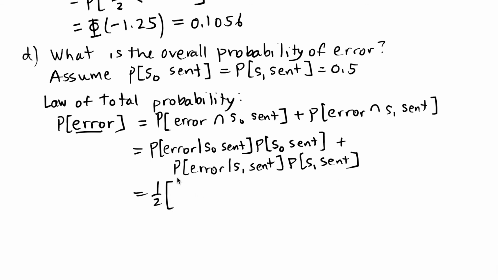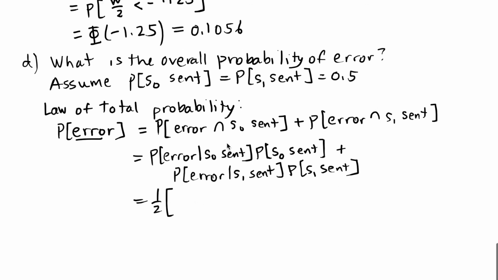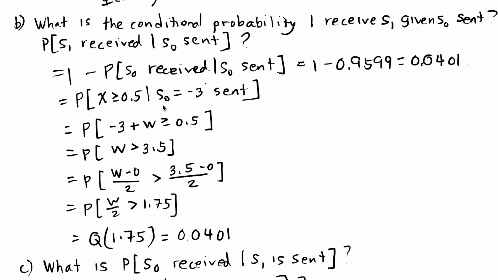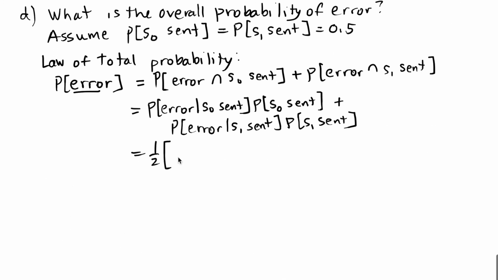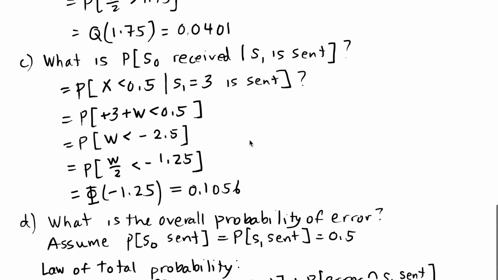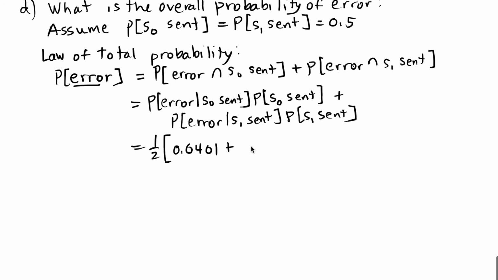So I'm going to have 1/2 times this probability of error given S0 being sent, and that was this answer for part B, which came out to 0.0401, and the probability of error given S1 was sent, this answer to part C, the 0.1056. So I get a 7.28% chance of error overall when I run this communication system, sending zeros and ones equally likely.